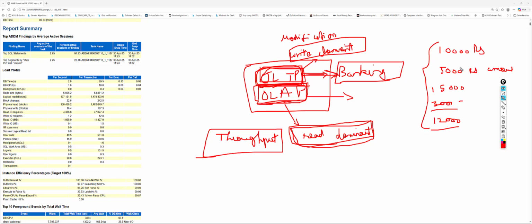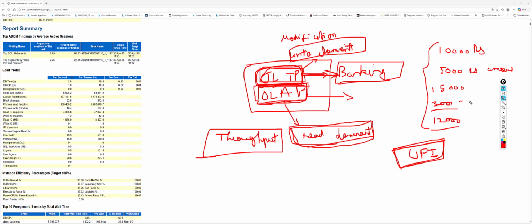Daily there will be obviously millions of customers doing millions of transactions. Even for a small amount, you will be doing an online transaction. Now most of the transactions are happening via UPI, right? There are a lot of UPI applications apart from the banking, right? You use the credit card or debit card, and apart from that you also use Google Pay, Paytm, PayPal and a lot of other online transaction processing.